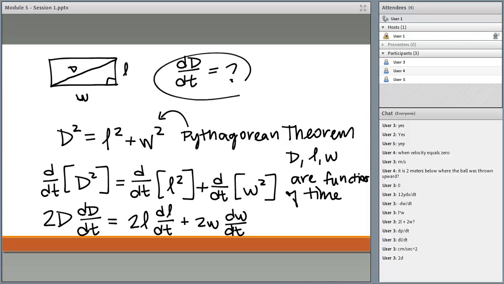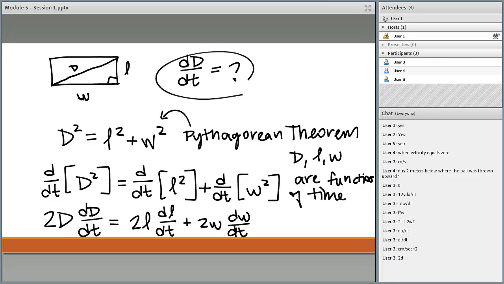So because they're functions of time, I had to apply the chain rule to each of them. One thing that I can do, and you don't have to, but you can if it helps, each of the terms has a 2, so you could divide each term by a 2. It doesn't matter, it works out exactly the same way if you don't.